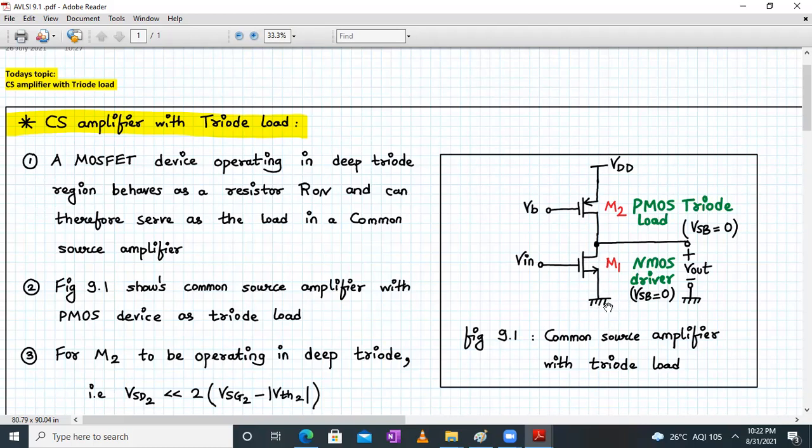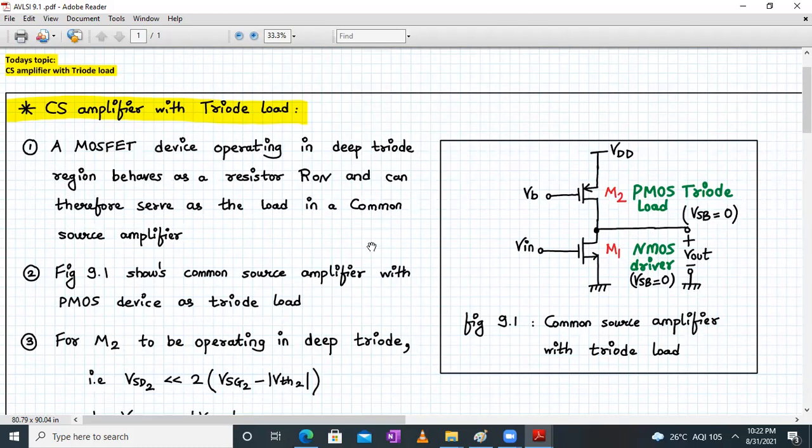So VSB is 0. Similarly, for the PMOS, the body terminal is connected to VDD and the source terminal is also connected to VDD. So there is no body effect. That is, VSB is equal to 0 for M1 and M2 both. Fine, that's good news. Good start. So let's start analyzing.